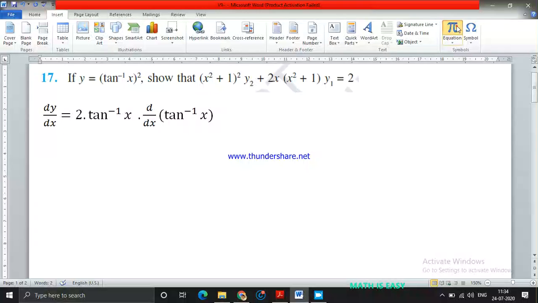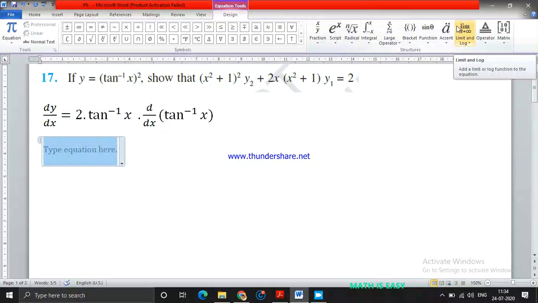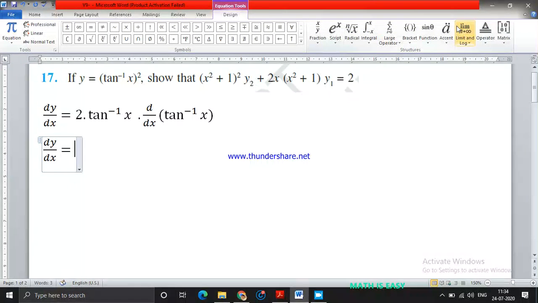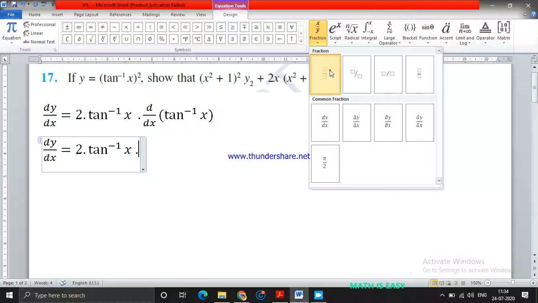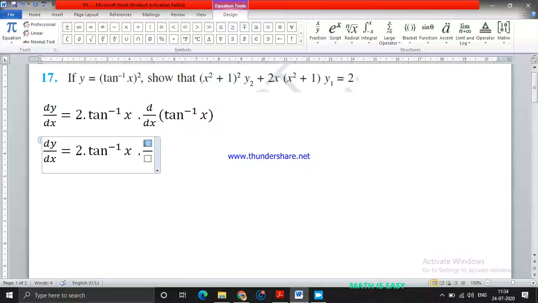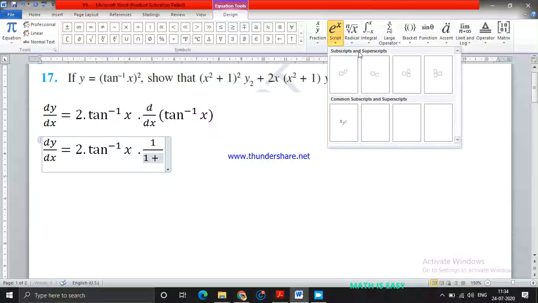So next step, what you get, dy by dx equals to 2 into tan inverse x. This tan inverse x will remain as this, 2 tan inverse x into, now derivative of tan inverse x, if anyone remember the formula, it is 1 upon 1 plus x square.